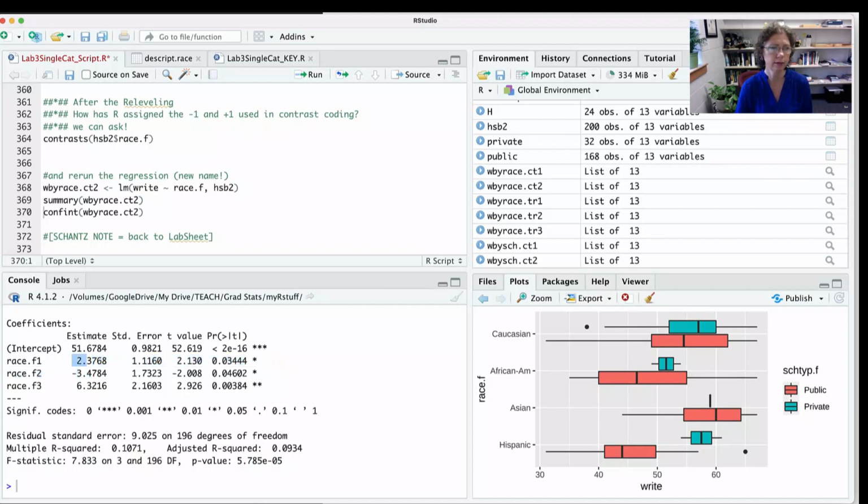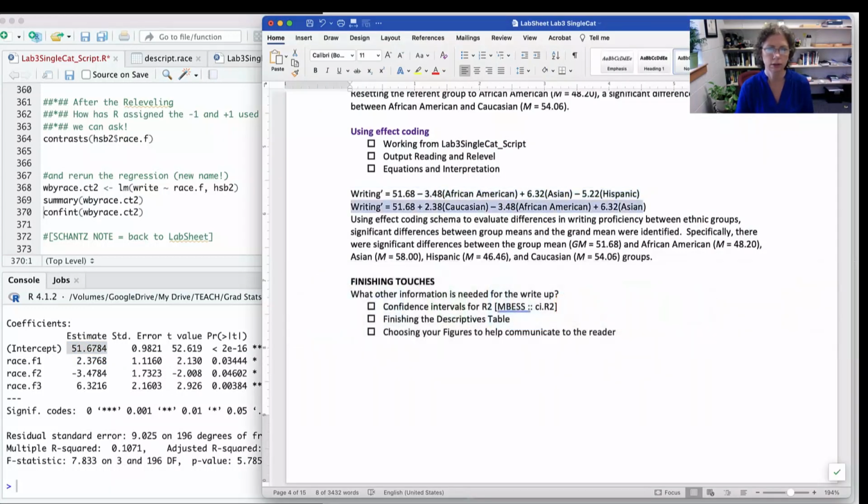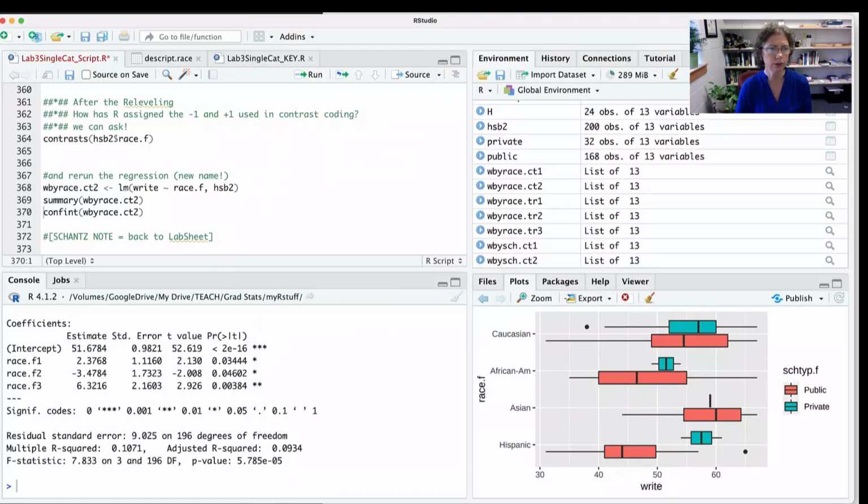So now I have the comparison between Caucasian and grand mean, and I can write that equation and give the lowdown on what's going on. Caucasian was also significantly different, with the p-value less than 0.05, significantly different than grand mean.